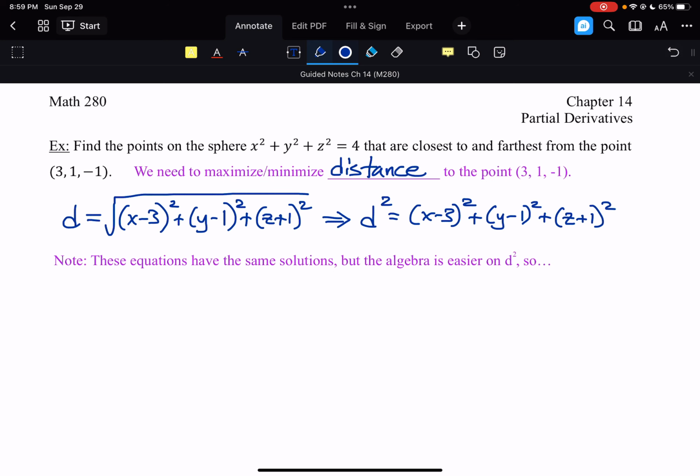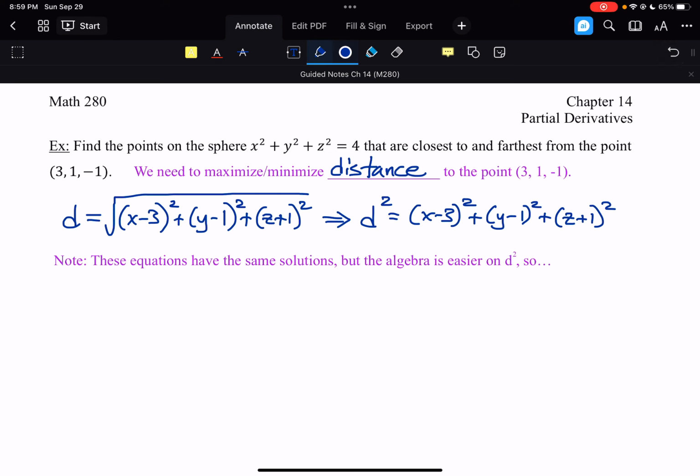If you plugged in any value for x, y, and z, if it maximized this distance, it's also going to maximize this one, right? Because if I take a number and square it, if the original number was the largest, its square will also be the largest. And similarly, if we are minimizing d, if this is the smallest it can be, then the square will also be the smallest it can be.